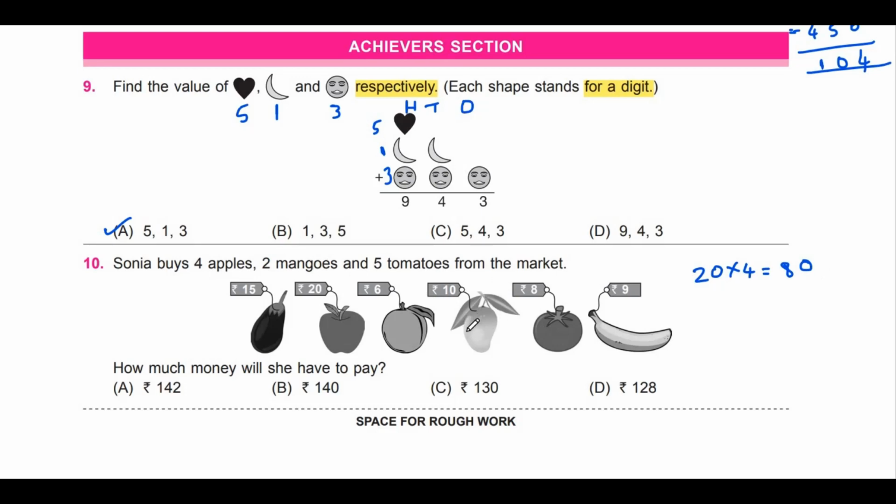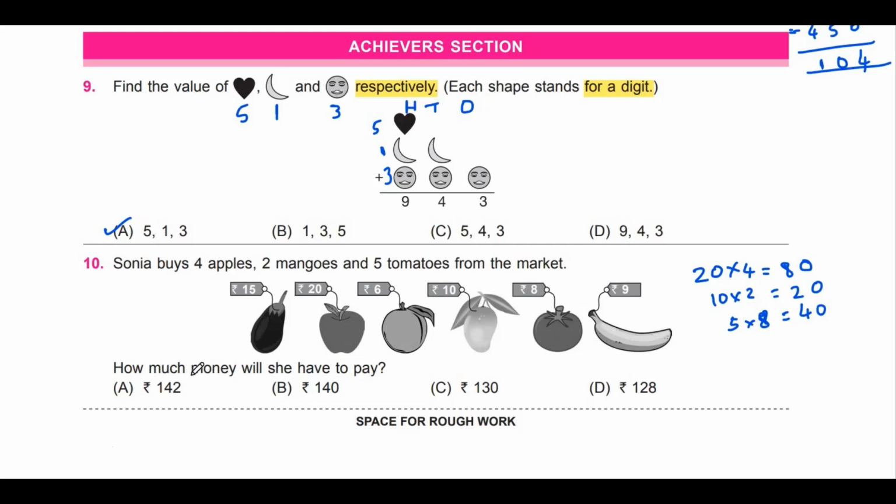So what is the cost of 1 mango? The cost of 1 mango is 10 rupees. So 10 times 2. So 10 times 2 is 20. Now she is going to buy 5 tomatoes. So 5 times 8. Because the cost of 1 tomato is 8 rupees. So 5 times 8 is 40 rupees.